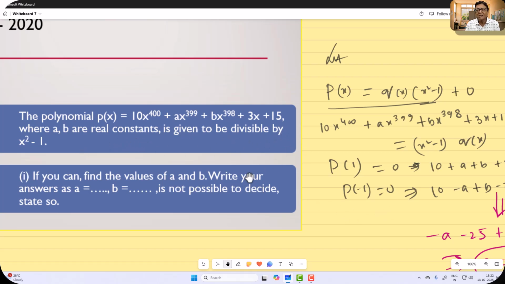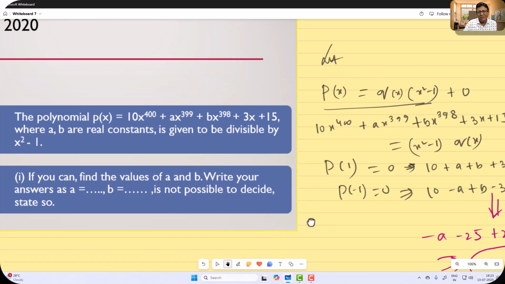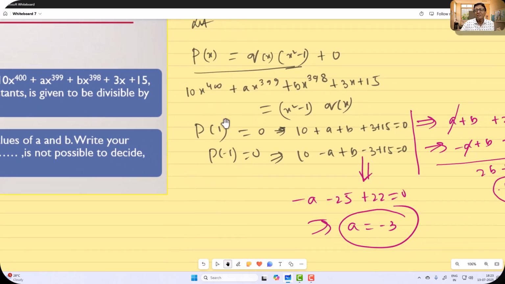Now divisible by x square minus 1, factors of x square minus 1 are plus 1 and minus 1. Put x equal to 1, you get this condition on both sides. This part definitely 0. Here it will be 10 plus a plus b plus 3 plus 5, equal to 0. And minus 1, 10 minus a plus b minus 3 plus 5 equal to 0.